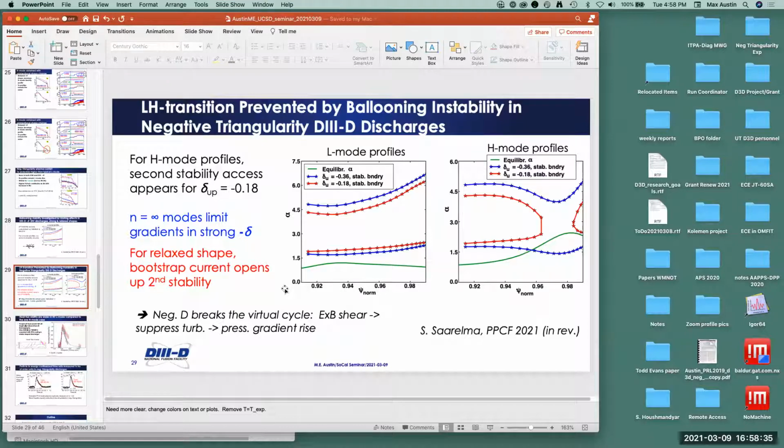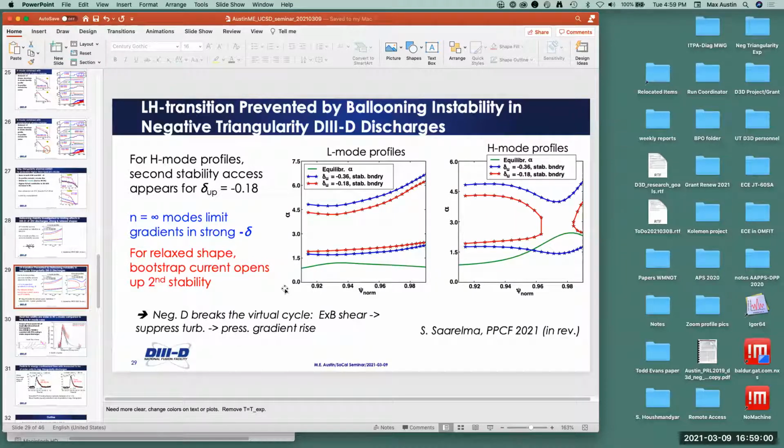There are slight differences in the edge profiles. For example, in the diverted discharge, the density gradient tends to be a little bit steeper. So eta I is different. And when you do the linear stability calculations, it turns out that the ITG is more unstable in the positive triangularity discharge than at negative triangularity. So it's a little bit more TEM dominated.